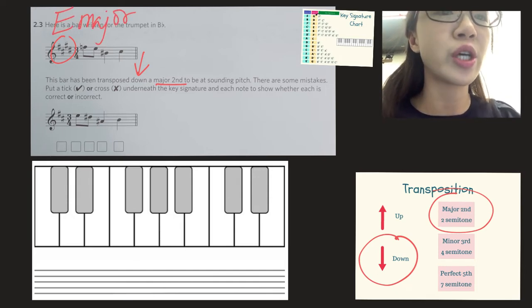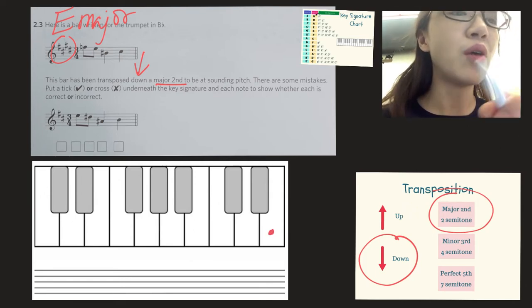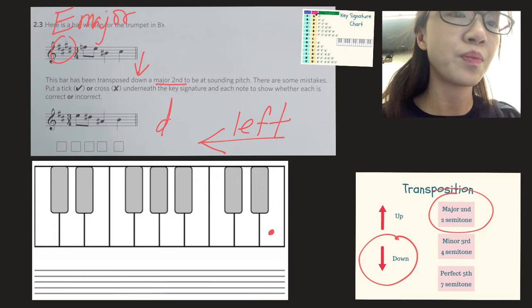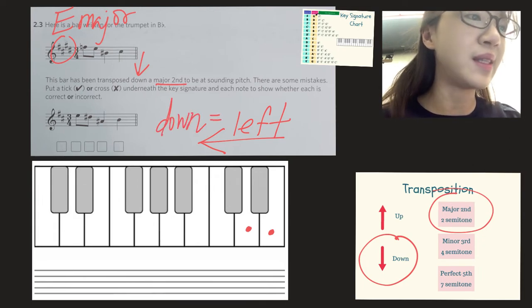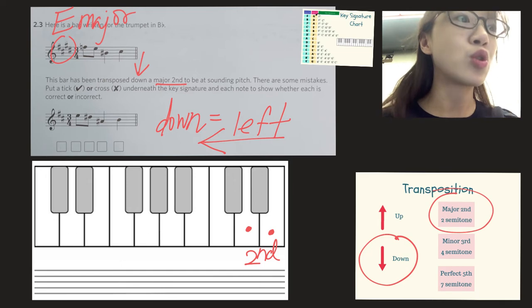So E major transpose down. So E is over here, a second, down. Down means go to the left-hand side. So this one means down. So E goes to the D. Okay, this is a second. Alright, and now we need to count the semitones, two semitones.